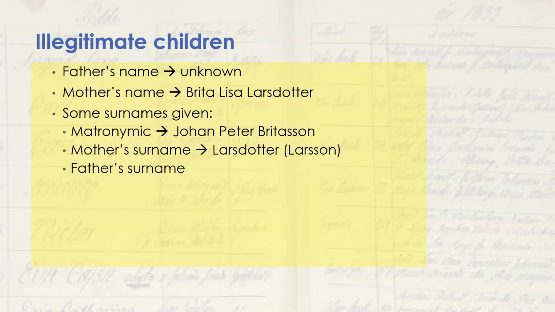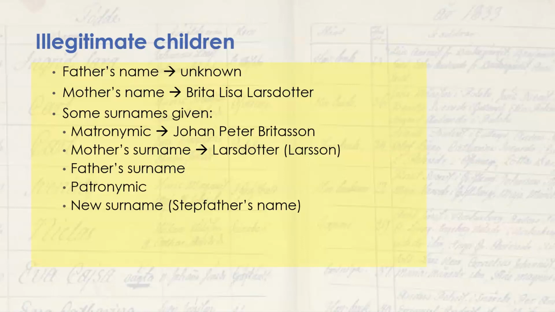He could have taken his father's surname. Just because his father wasn't listed doesn't mean the father was unknown to the family. He could have taken the patronymic name from his father. He could have taken an altogether new surname, such as his stepfather's name, or given a patronymic surname from his stepfather. Now let's take a look at what I found for Johann Peter in the records.